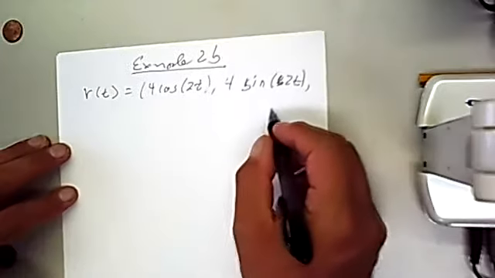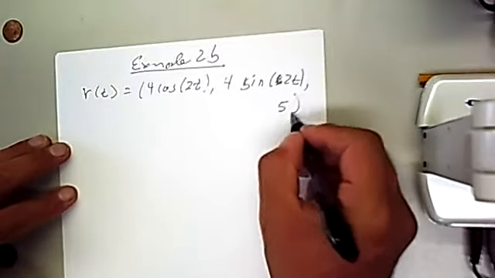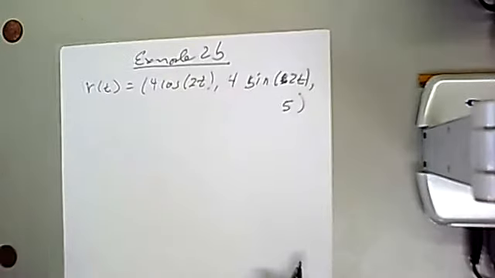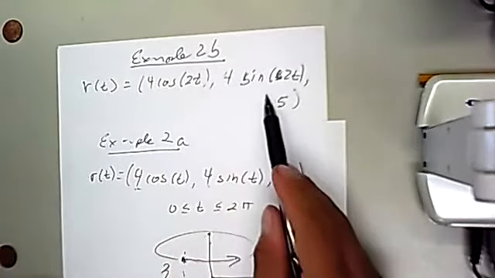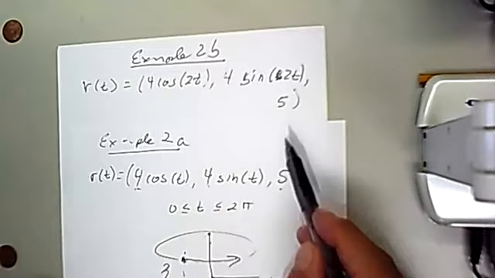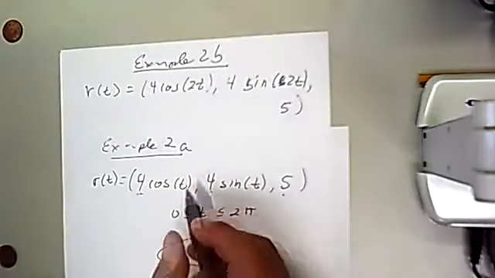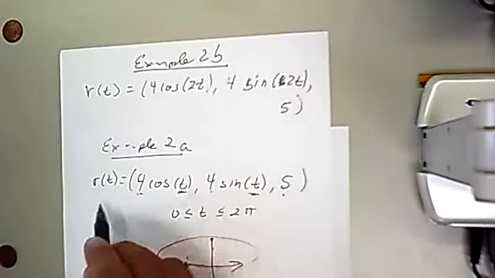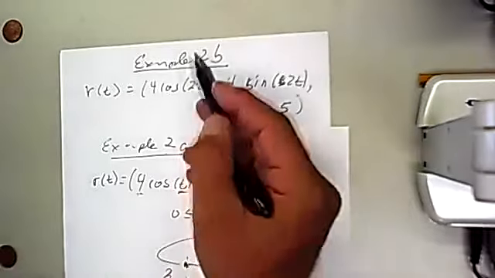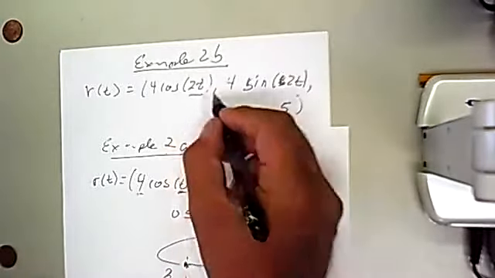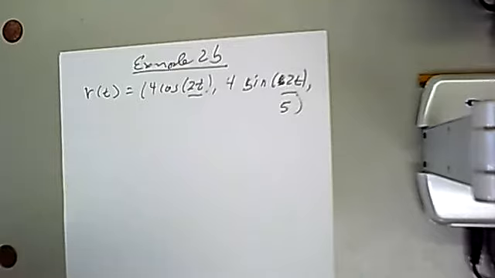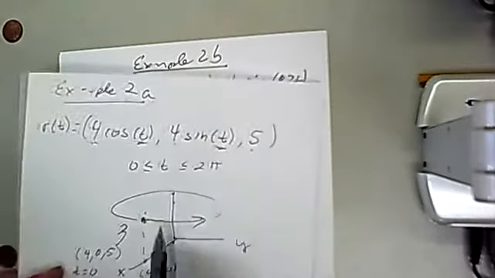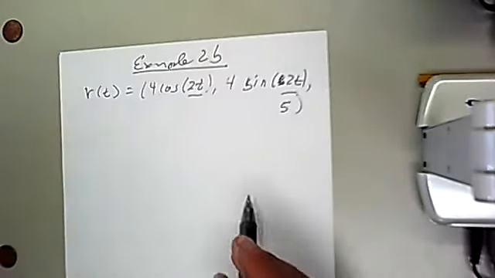I did not have enough room to put the 5, so 5. It is the same, this is intended to be the same problem for cosine, for sine, and 5, except that we are changing the t in example 2a into 2t, and that, as we know, causes the same circle to be drawn faster, twice as fast.